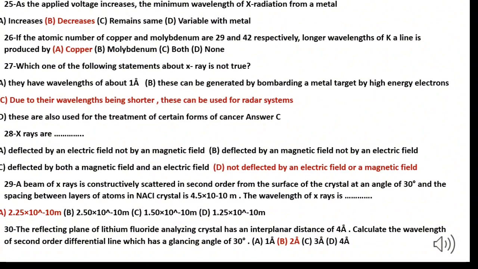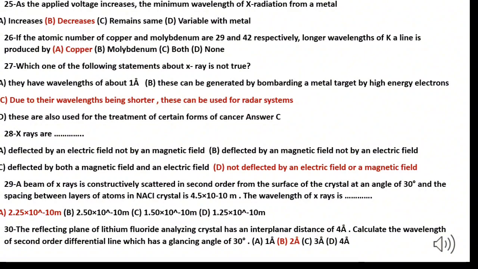As the applied voltage increases, the minimum wavelength of X-ray radiation from metal, the answer, decreases. 26. If the atomic numbers of copper and molybdenum are 29 and 42 respectively, the longer wavelength of K alpha is, the answer, copper. 27.